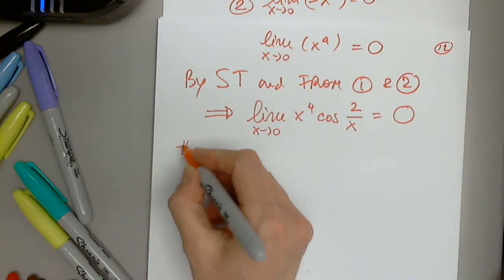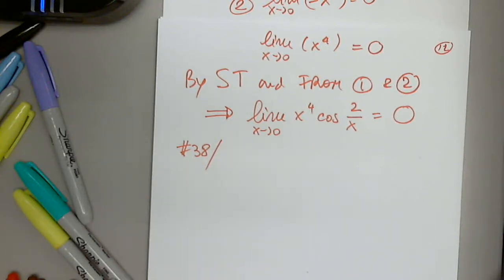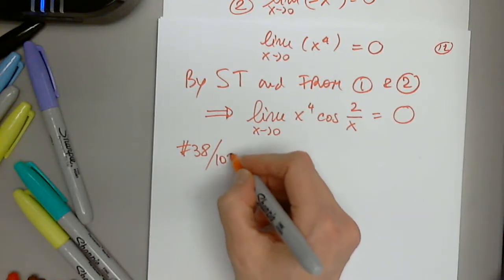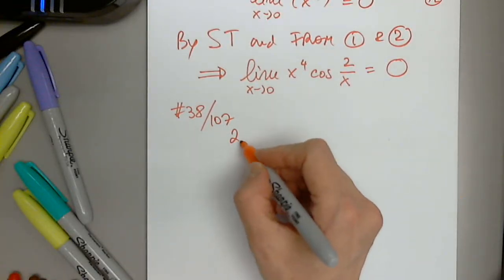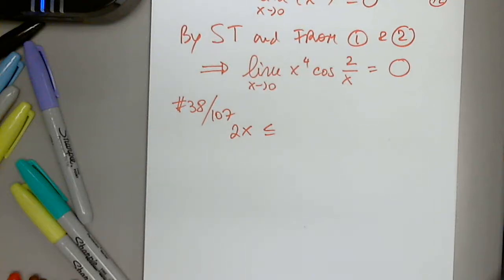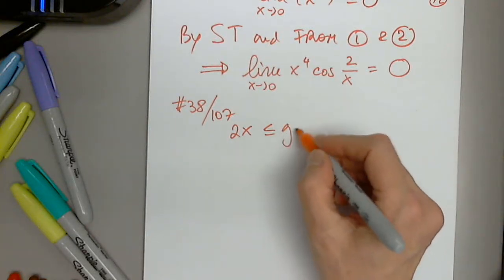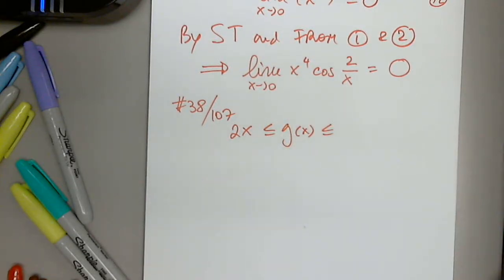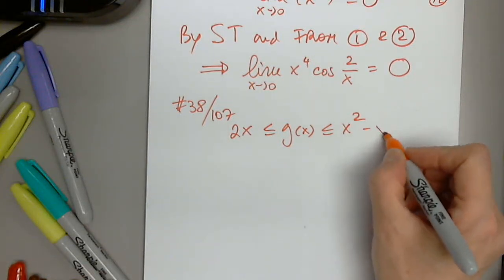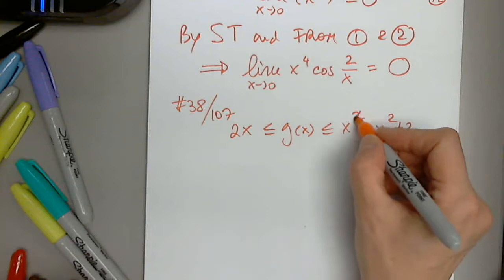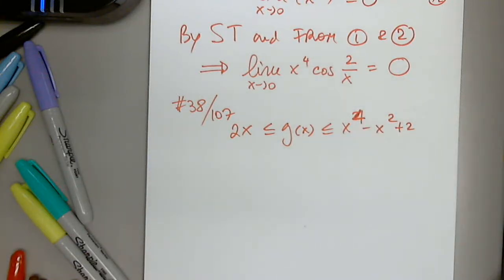Number 38 on page 107. We are told that 2x is less than or equal to g of x, which is less than or equal to x to the fourth minus x squared plus 2, for all x.